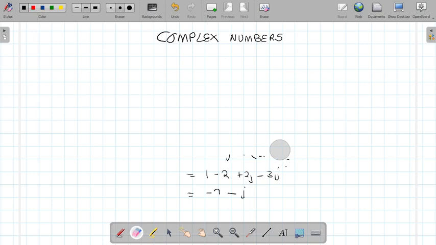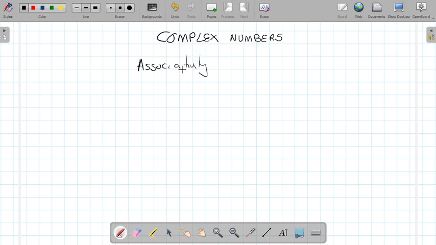Great. So now let's talk about the algebraic properties of complex numbers. It is very important to know these things. So let's talk about things like associativity. Now we'll talk about associativity with respect to addition and with respect to multiplication.